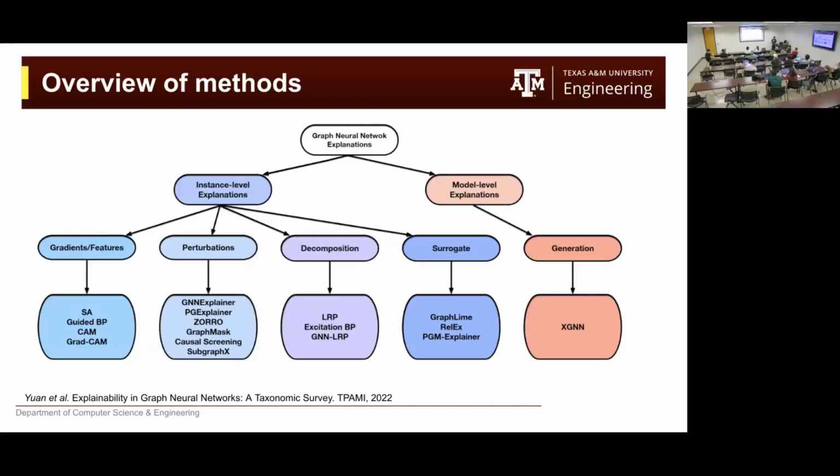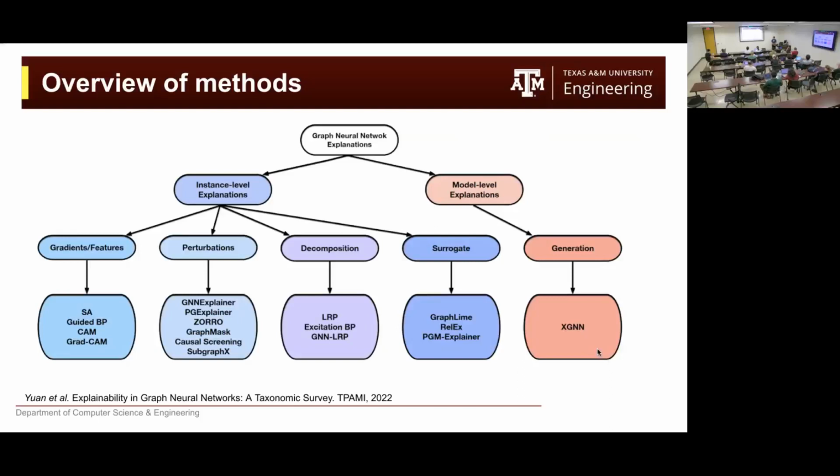Instead of instance-level explanations, model-level explanations provide higher-level explanations. These methods such as XGNN try to find the specific graph patterns that can lead to certain behavior of model predictions, such as maximizing the prediction score of a specific class.